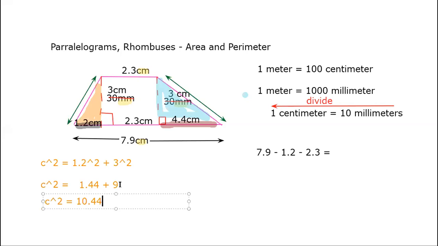Do you remember from these lessons how we eliminate that square because we need c? That's just taking the square root. So whatever the square root of 10.44 is, that is what the length of our hypotenuse is. So we can do that on our calculator. The square root of 10.44.